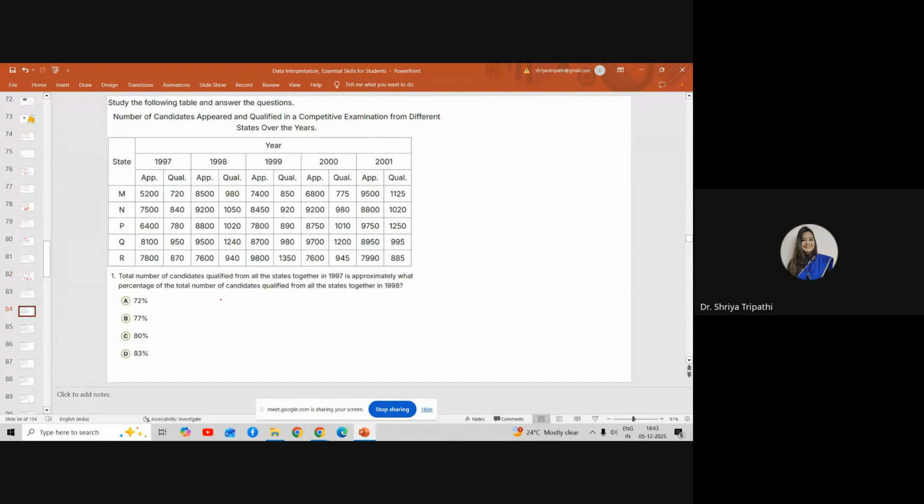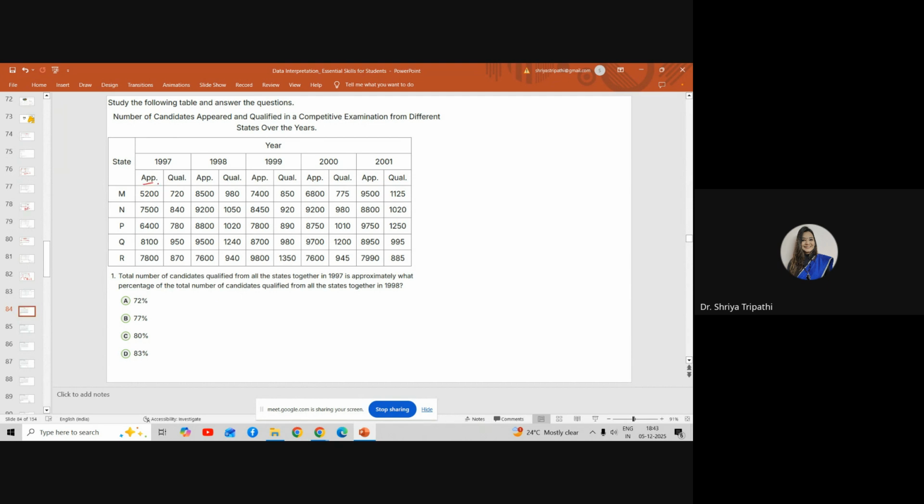Okay, now here we have a new set of questions which you can see on the screen. The same pattern we will be observing in the exam also, with the same data, 5 questions would be asked. This shows the number of candidates appeared and qualified in a competitive exam from different states over the years. The states are M, N, P, Q, R, and the years are 97, 98, 99, 2000, 2001.